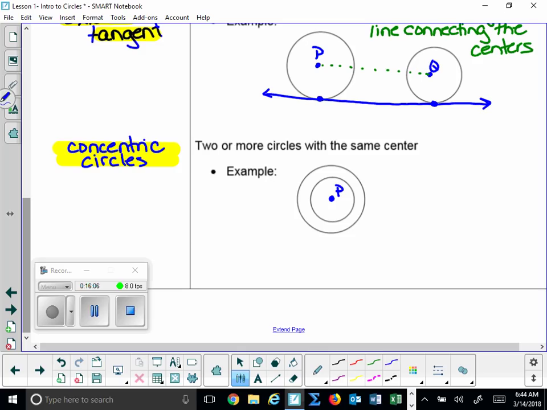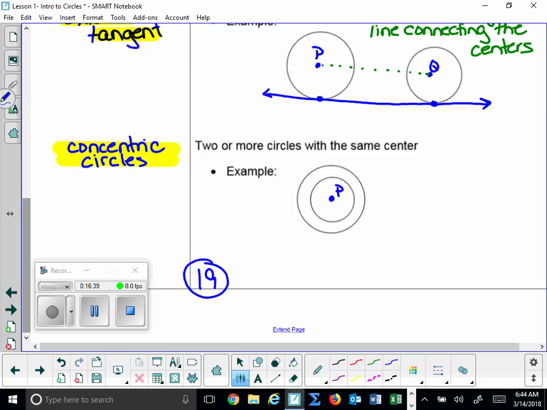I could be talking about that small circle P or the larger circle P. If you think of a bullseye, those are good examples of concentric circles. So let me count here real quick. 3, 7, 11, 15, 19 vocabulary words in this lesson. I'll say that again: 19 vocabulary words in this lesson, and you need to make note cards.